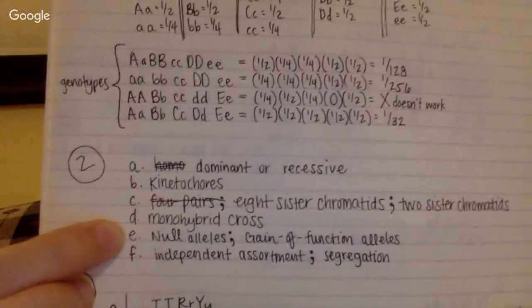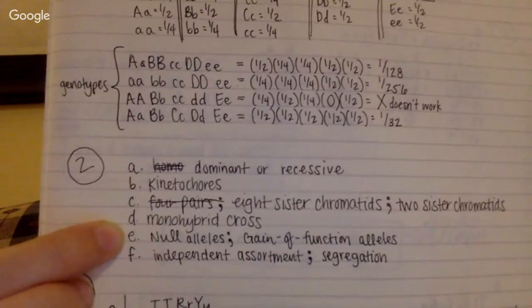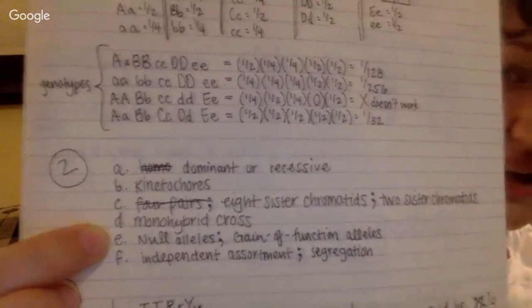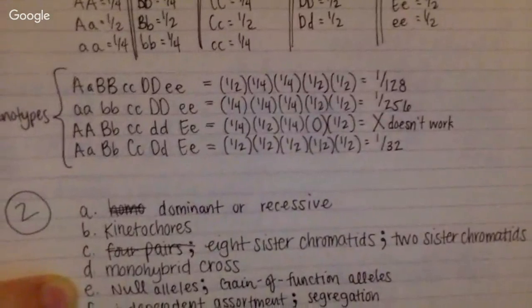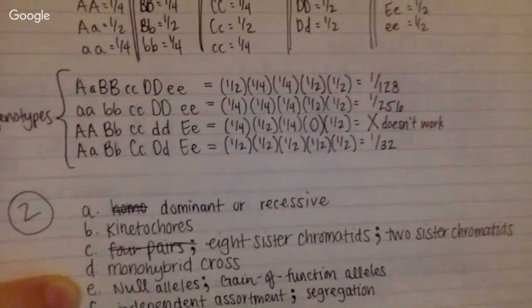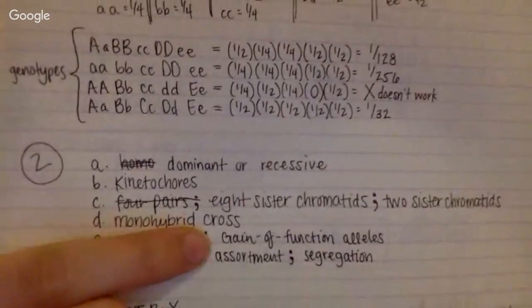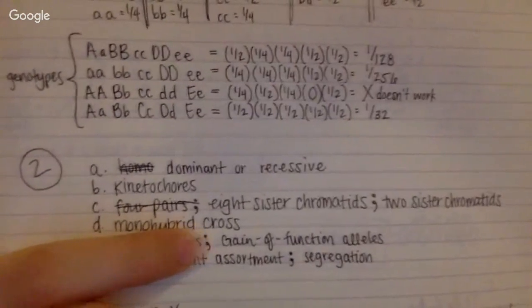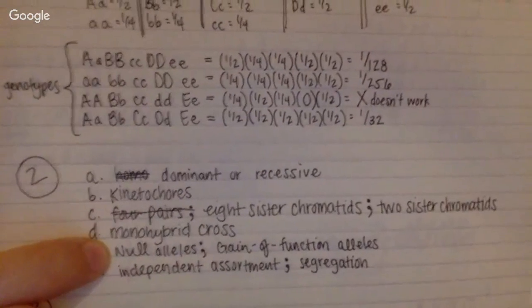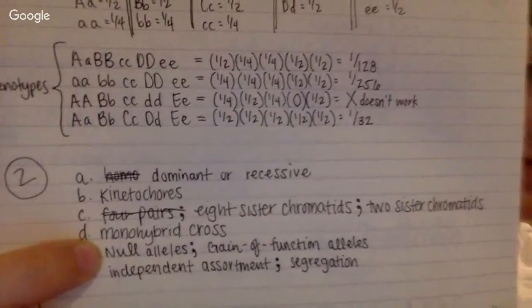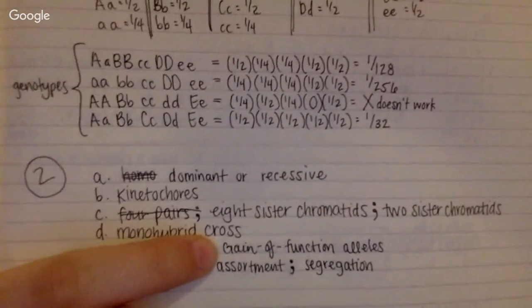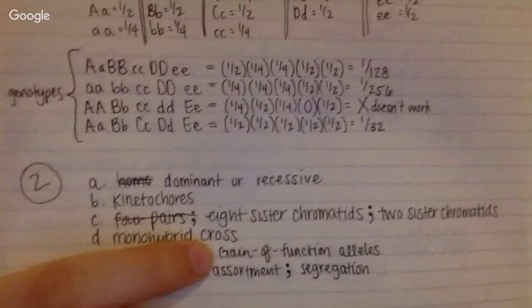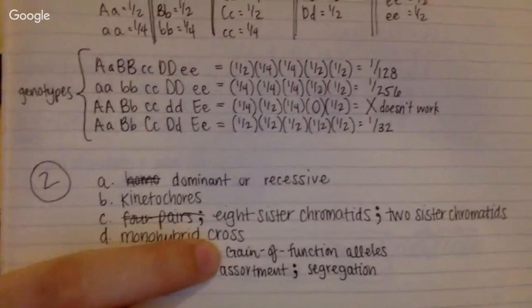Part E says a non-functional allele is sometimes called, and I have to look, null alleles, while a partially functional allele is called a gain of function allele. Null is just that it's there, but it doesn't do anything, thus the non-functionalness of it. With the gain of function, I wasn't quite sure if it was this or there's another one that I can't think of what it's called all of a sudden.